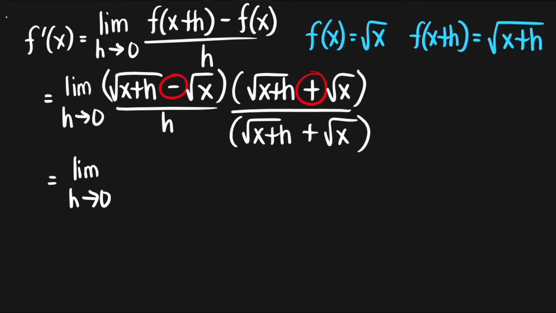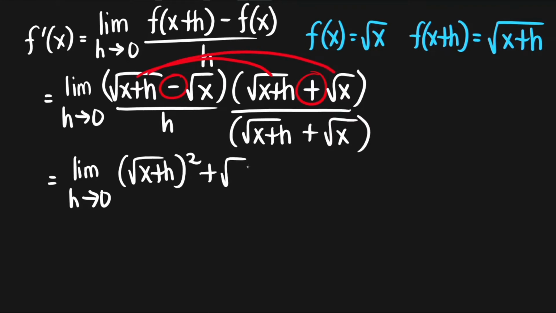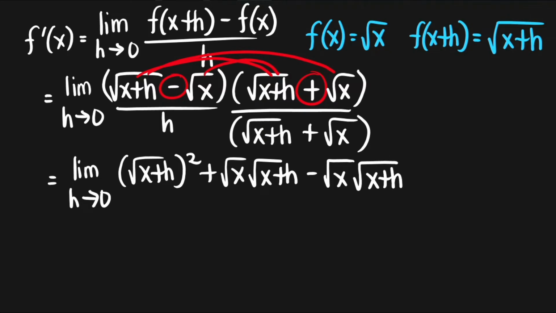Now let's apply the following method. The limit as h approaches 0, multiplying these two terms, we get square root of x plus h squared. Multiplying these terms, we get square root of x times square root of x plus h. Multiplying these two terms, we get minus square root of x times square root of x plus h.